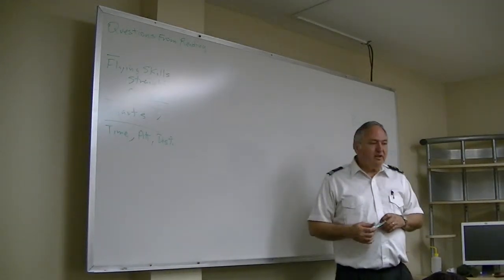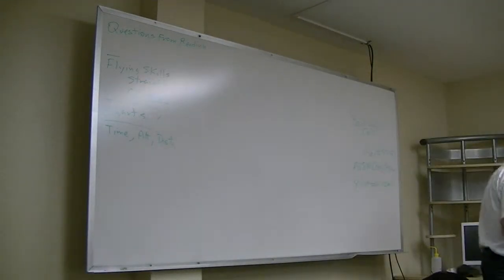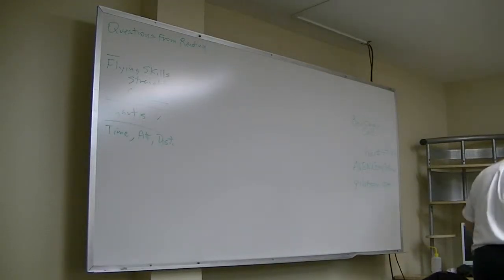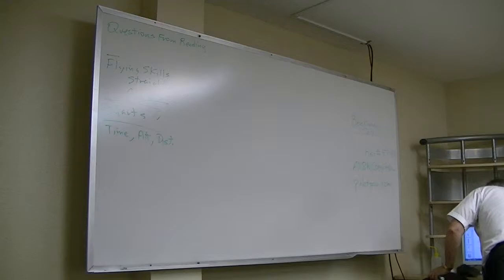Okay, let's look at our charts. Everyone pull out their charts. The cross-country handbook has a section on preparing charts. Let me see this. Route planning. Where to go? Training exercise.